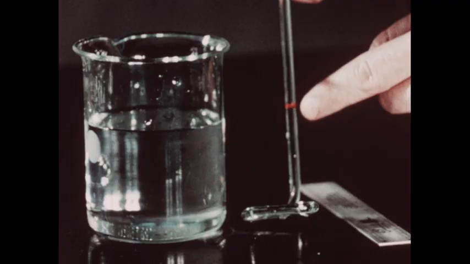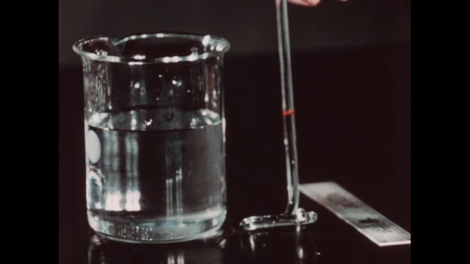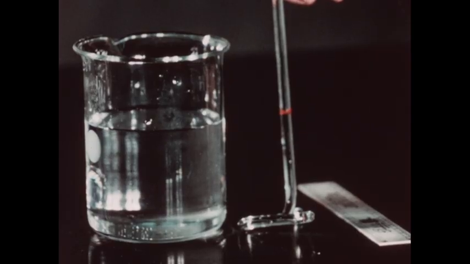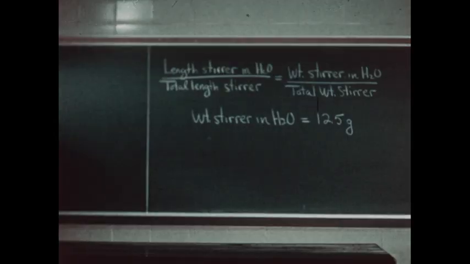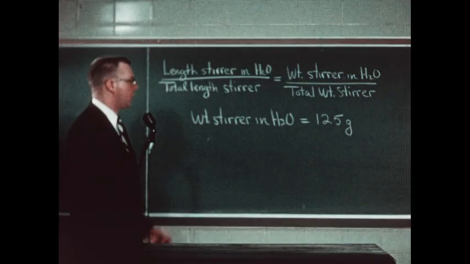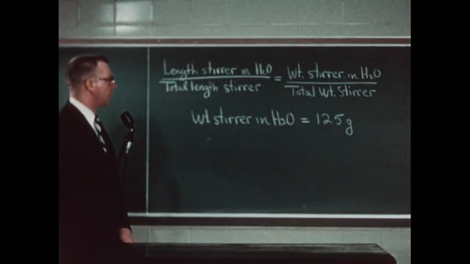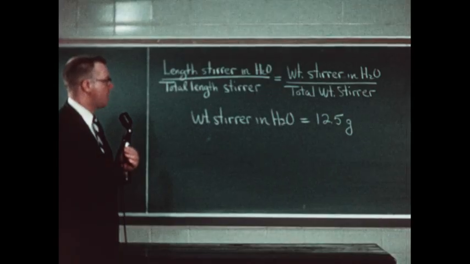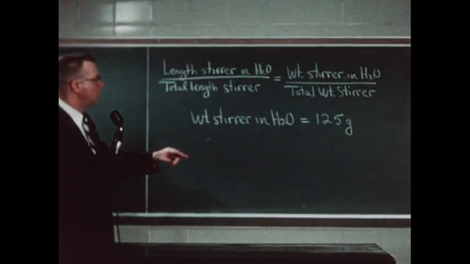From this data, it is easy to calculate the weight of glass in contact with the water. The approximate weight of the stirrer in contact with the water may be calculated in a simple and entirely similar fashion.